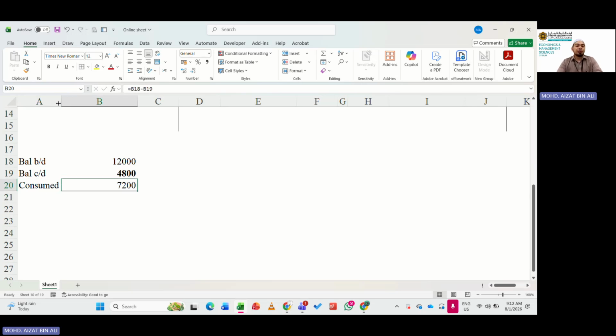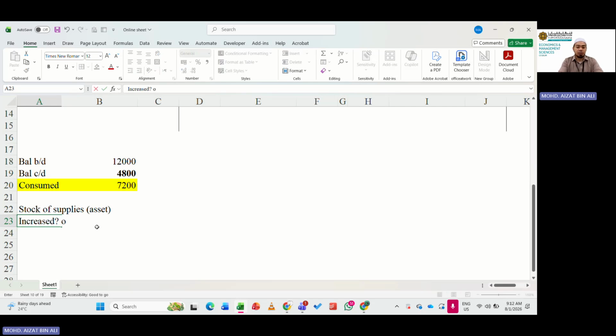Now here we are talking about the account called stock of supplies. As we said earlier, it is an asset account. When we consume this amount, what happened to stock of supplies? We have to ask this question: was it increased or decreased?